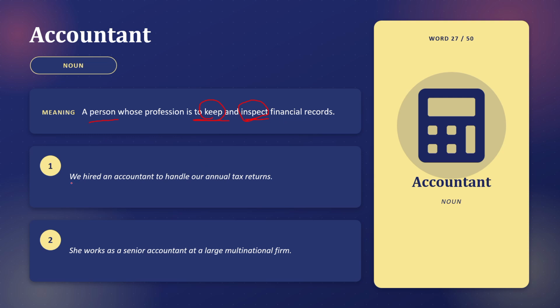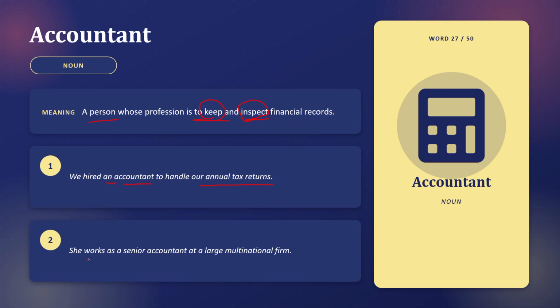For example, we hired an accountant to handle our annual tax returns. Returns means completely in writing.